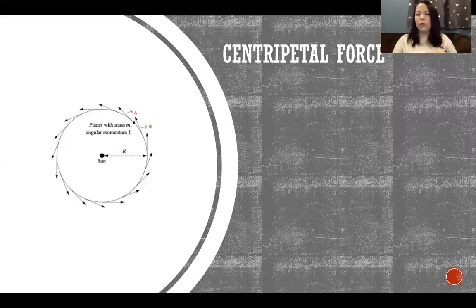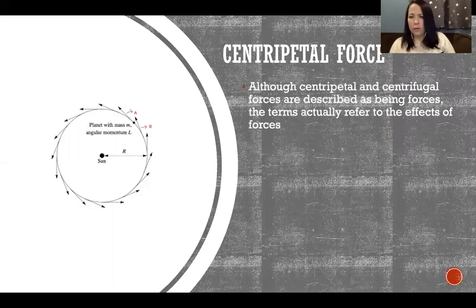Okay, centripetal force is often misunderstood. Although centripetal and centrifugal forces are described as being forces, they're actually more like adjectives to describe the effects of other forces. So there is no just centripetal force like there is friction. It's not its own force. It's a term we use to describe the actions of other forces.